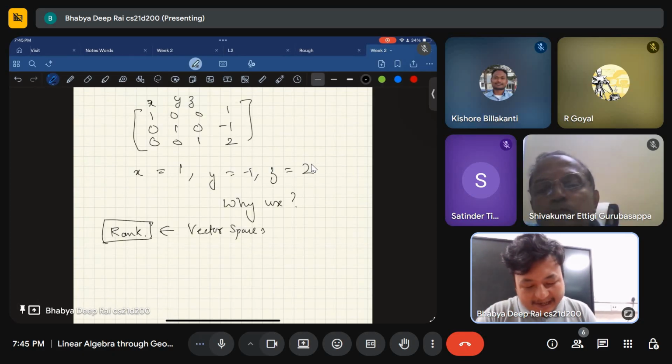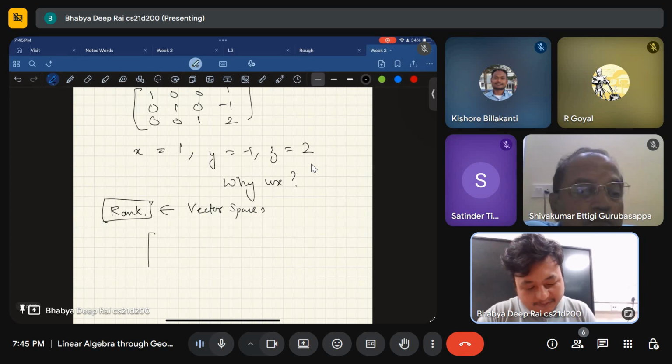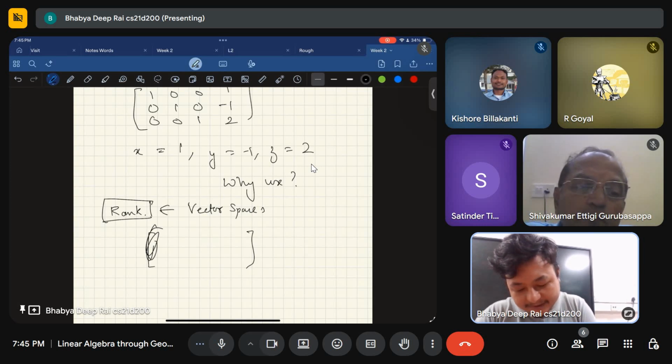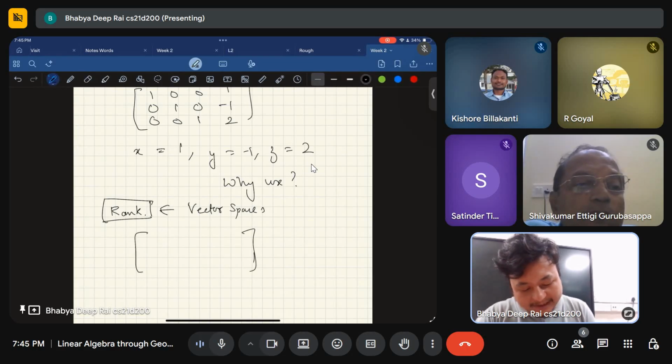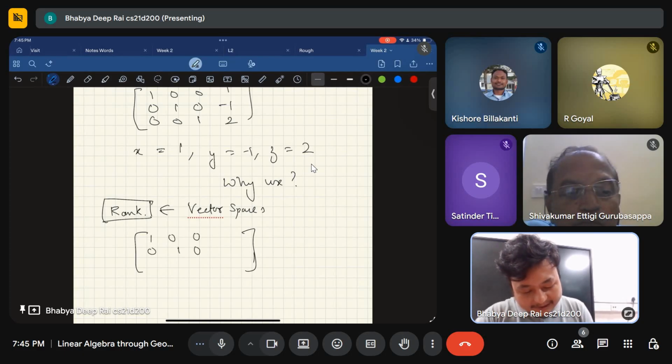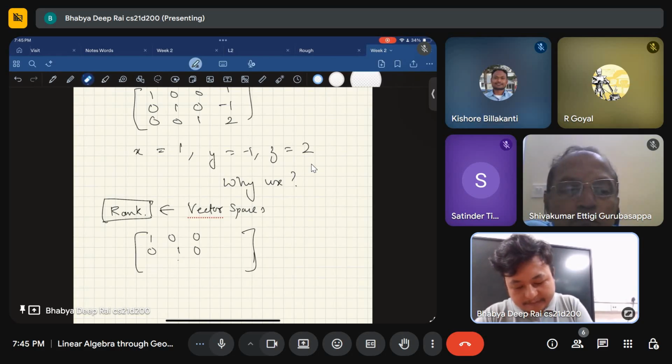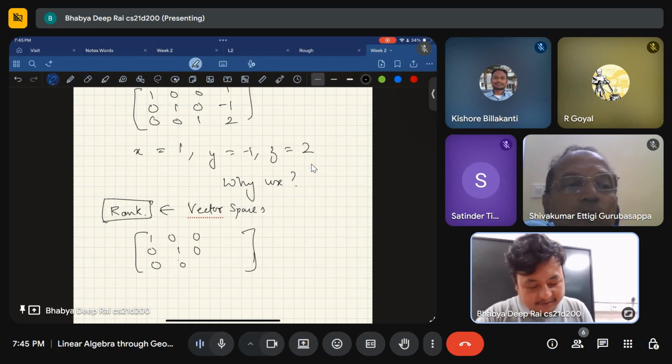For example, what is rank? Let's say on getting the row echelon form, instead of getting 1 0 0, 0 1 0, 0 0 1, you got something like this, with a last row of 0 0 0.